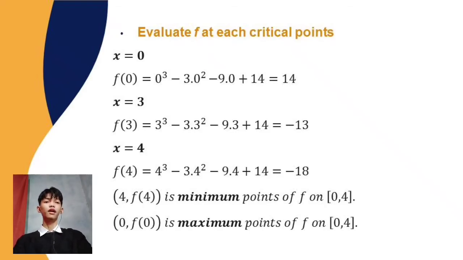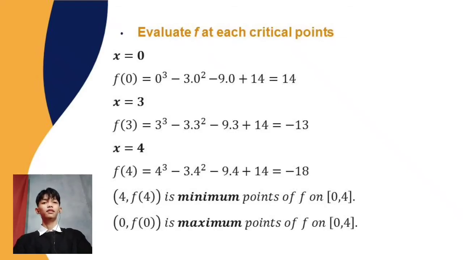If we look at the values of f of 0, f of 3 and f of 4, negative 18 is the smallest value of f among the critical points. So we can say f of 4 is the minimum value of f on the closed interval 0 to 4.